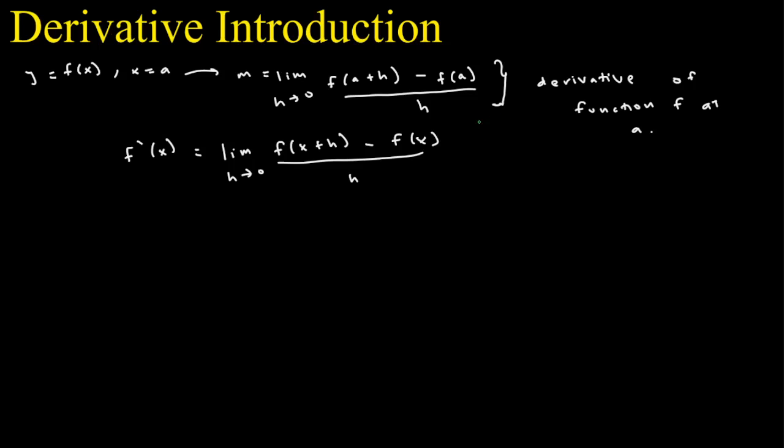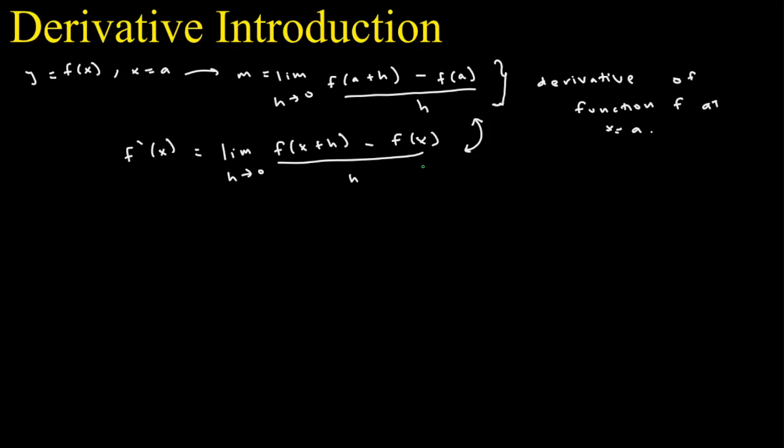So notice how these two equations are very similar. We just switched the a with the x, and that's because the top equation is the derivative of the function at point x equals a, and this is just a general equation for the derivative function for all values x where the derivative exists, right?